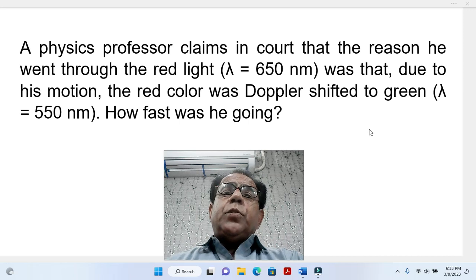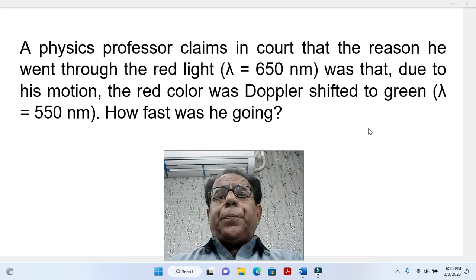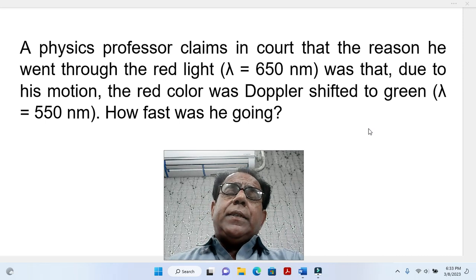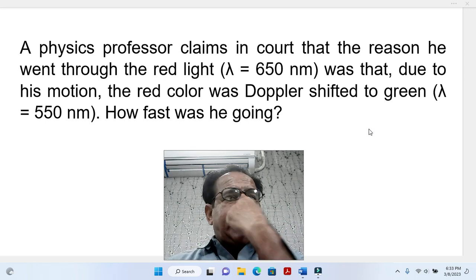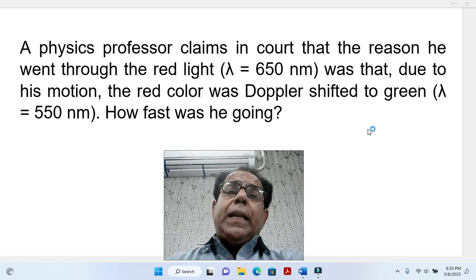So we will assume an arrangement that we will give first number to red light, whose wavelength lambda is equal to 650, while we will treat green light, whose wavelength has been given as 550 nanometer, as secondary source.